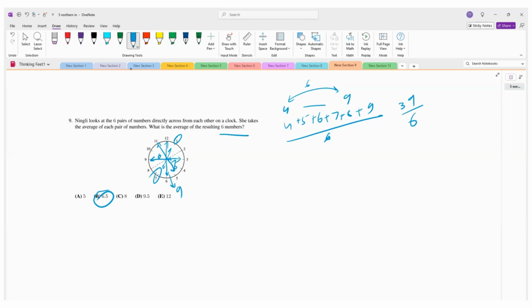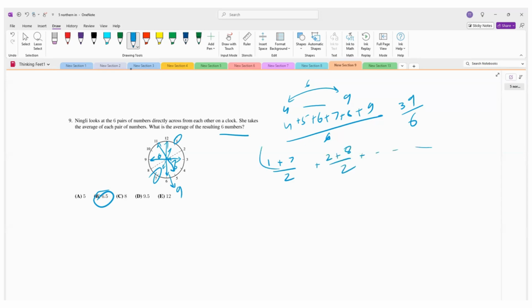The other way is, again, not much faster than this, but maybe a tad bit more elegant and faster. Essentially what we're doing is adding all the numbers, because I'm doing 1 plus 7 divided by 2, then 2 plus 8 divided by 2, and so on and so forth.